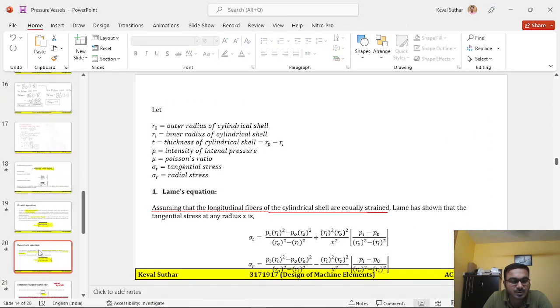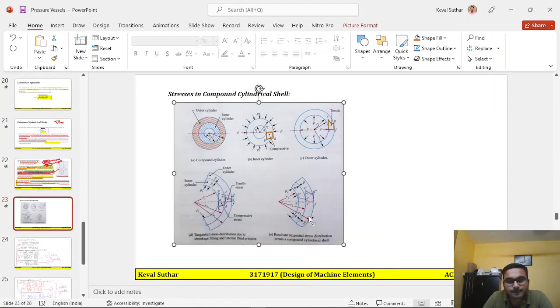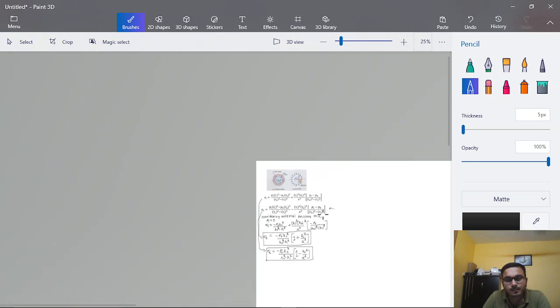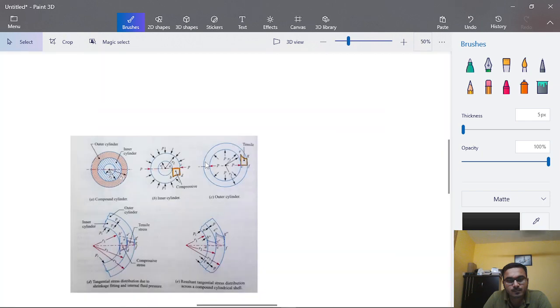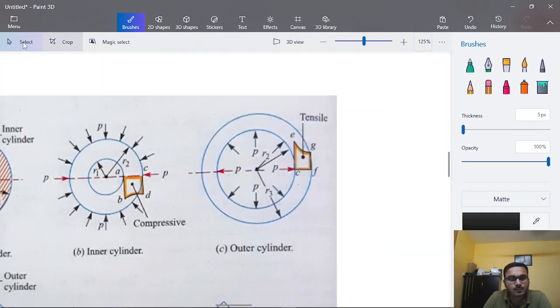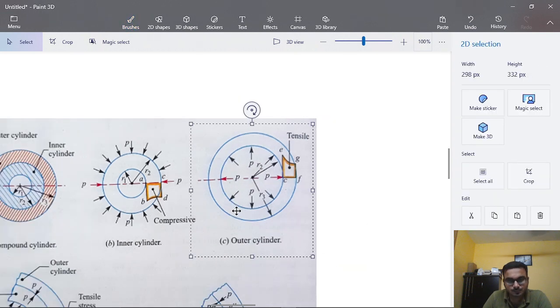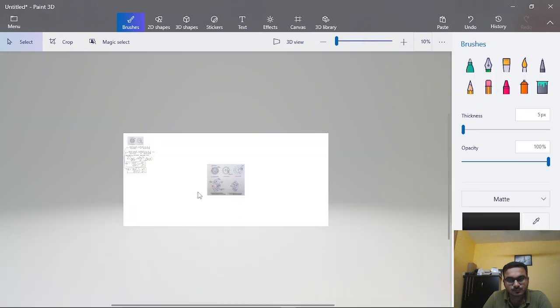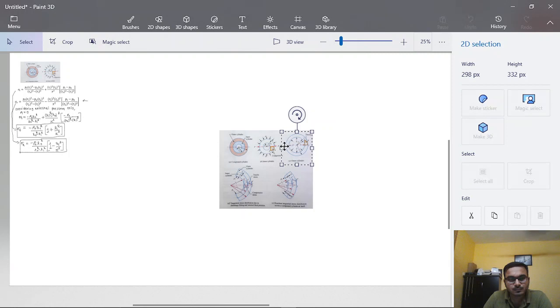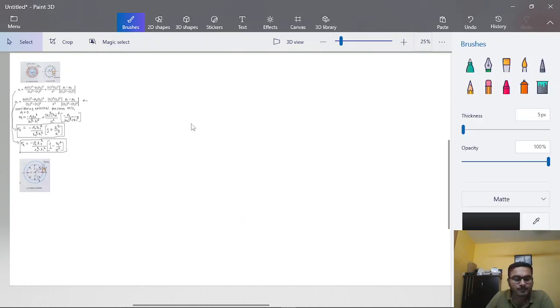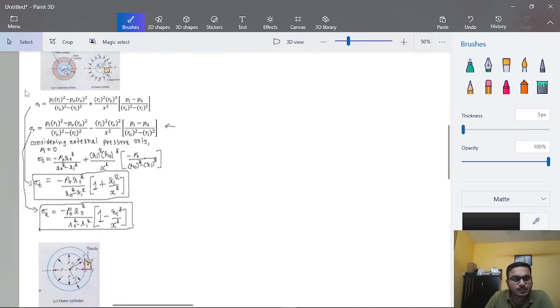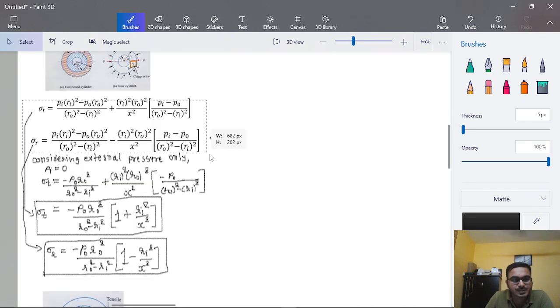Why we require this, let me show you again. I will also require these two equations again.